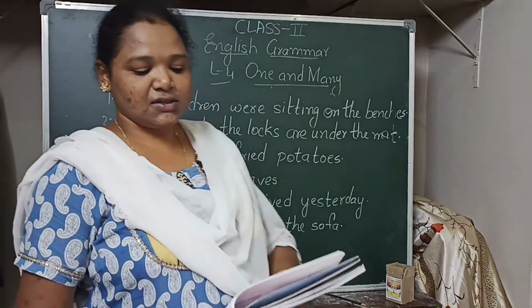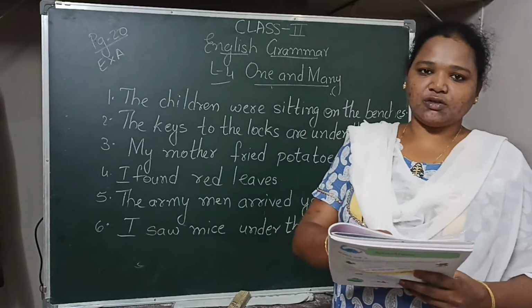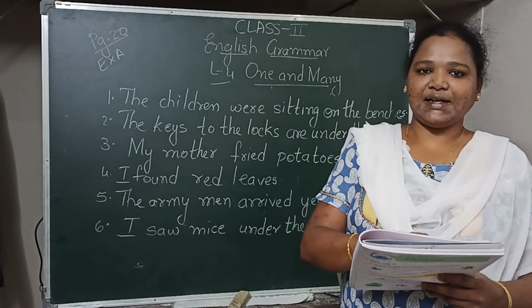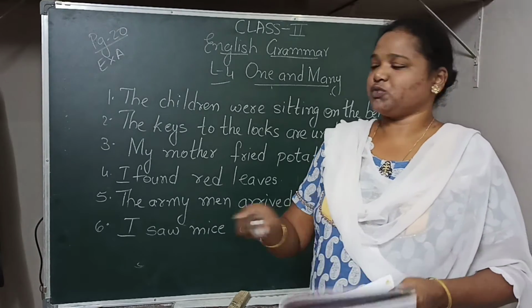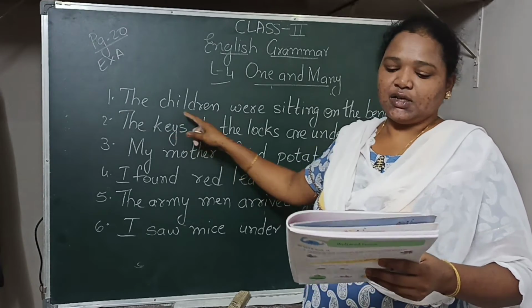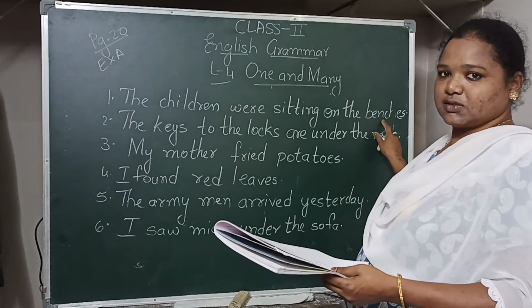So first one is, the child was sitting on the bench. Here the underlined words are child and bench. We have to write the plural forms. The plural form of child is children and the plural form of bench is benches.